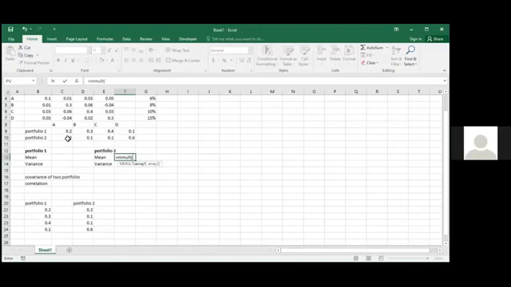Then portfolio 2 means proportions here, C10 to F10. C10 to F10. That should be, put comma, array 2. Then we have to multiply by column values.